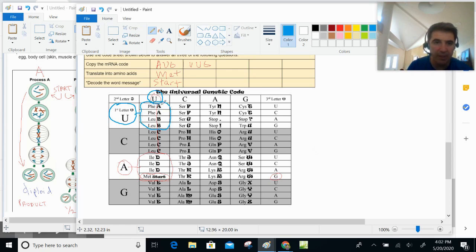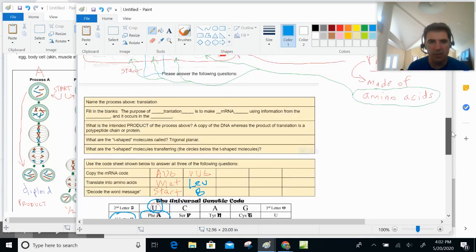It could be either Phe with an A or Leu with a B. So U, U, G. G is this one. So I go over, it must be this one here, Leu with the B. So I write leucine, Leu is leucine, that's an amino acid. And then I write the letter B. And then you just continue on with that. So hopefully you can get that.